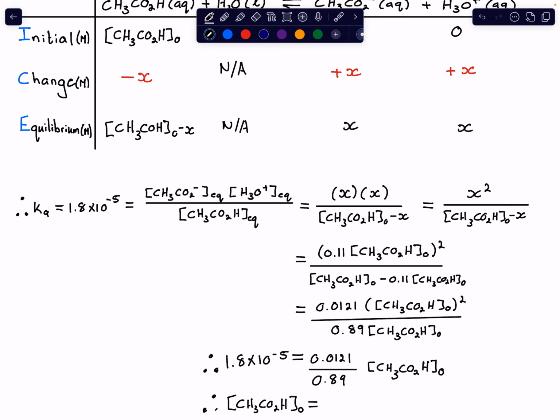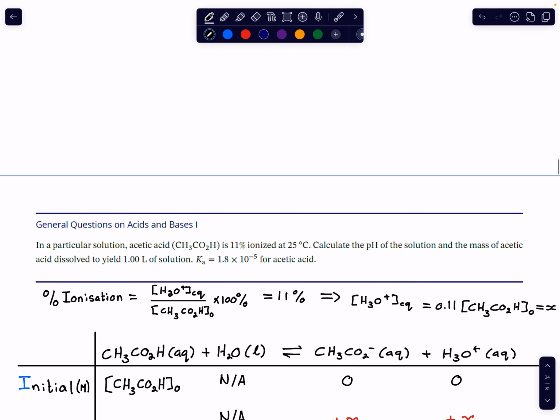I got a value of 1.323 and some numbers times 10 to the negative 3 molar. And that's one of the things we can use to answer one of our questions.